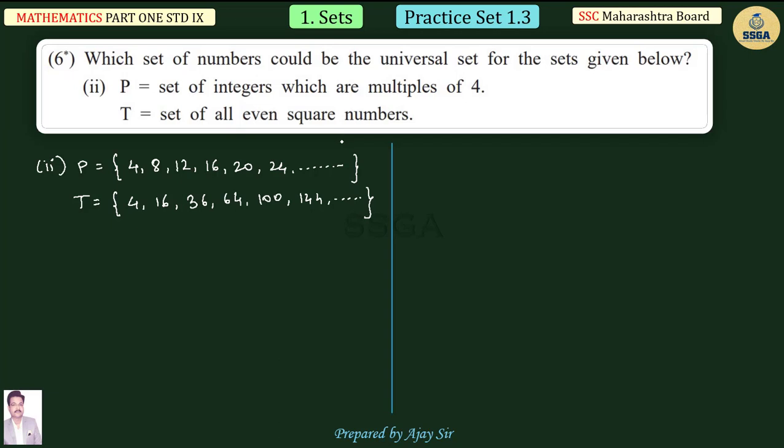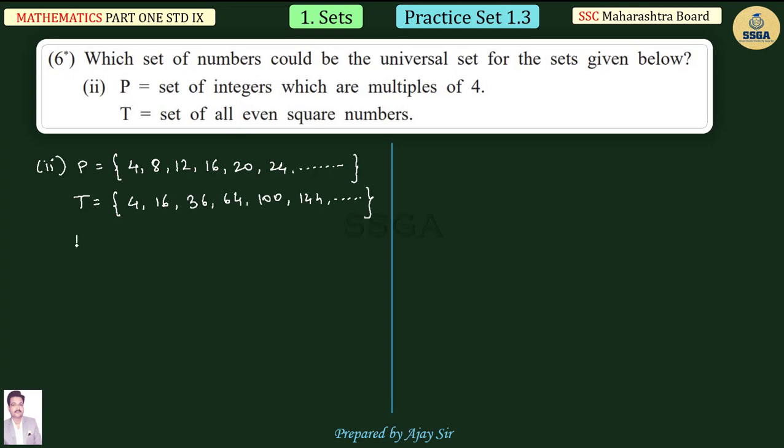If you take the square of an odd number, its square is odd only, and if you take the square of an even number, then its square is an even number. So if you write this as a set T, again here the possibilities are natural numbers, whole numbers and integers, all three as supersets.